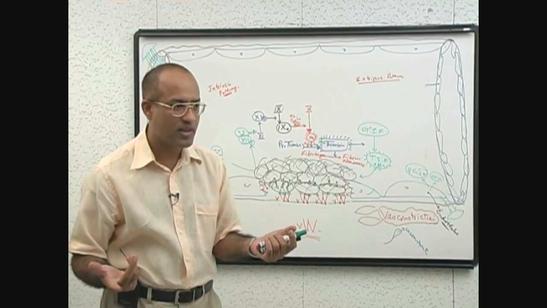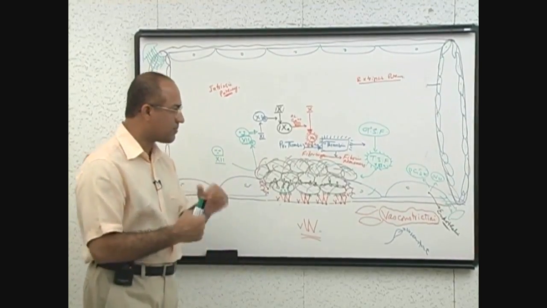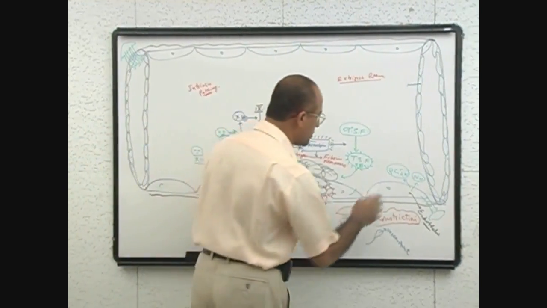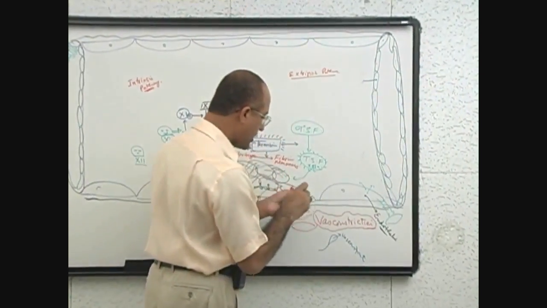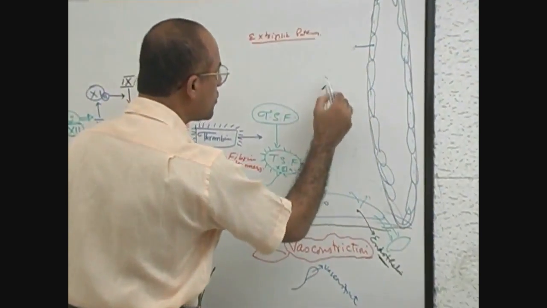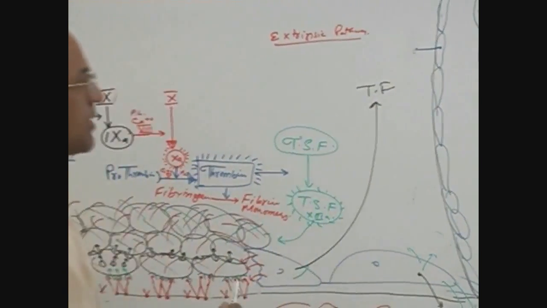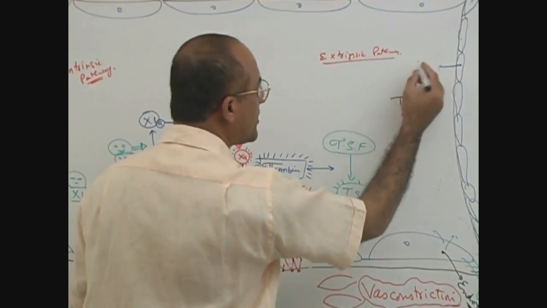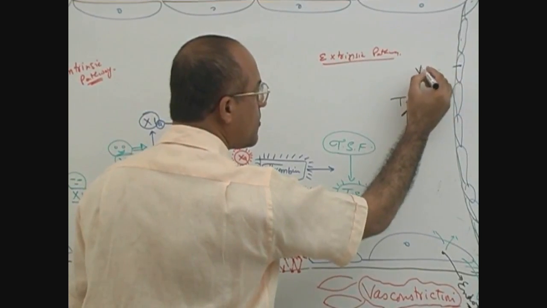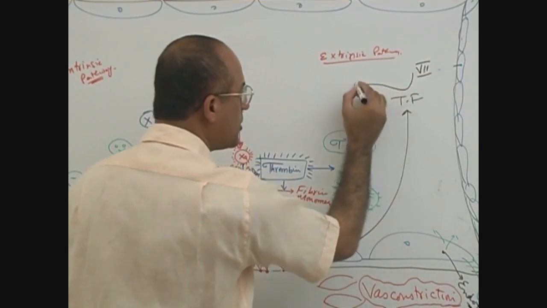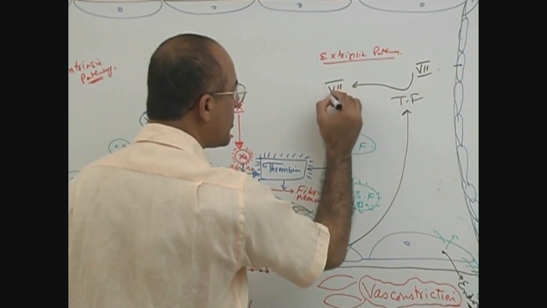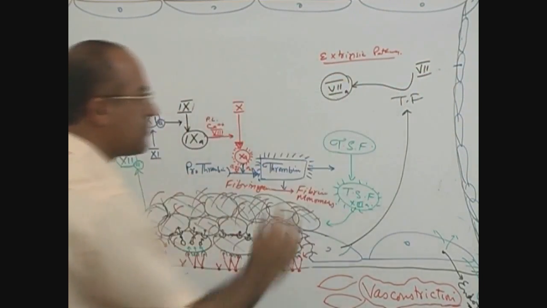Am I clear? Meanwhile, we should not forget that tissue factors were also produced from the injured area. This tissue factor will convert, in the extrinsic pathway, factor number 7 into active 7.